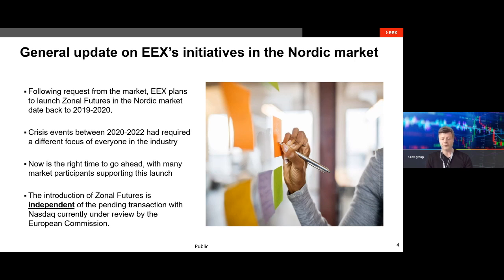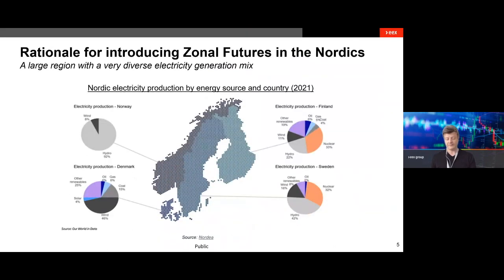We are cooperating with the Commission on this and providing any information that they require. But at this moment in time, we will solely be focusing on the introduction of the zonal power futures.